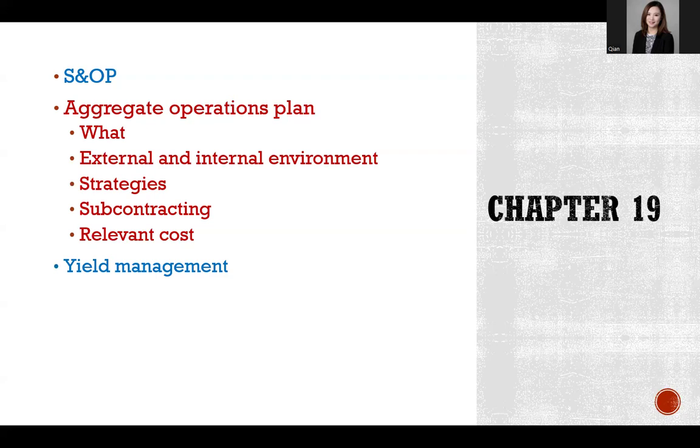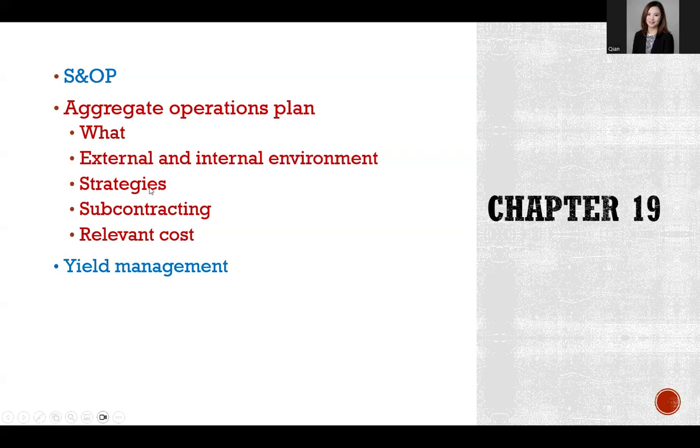The aggregate operations plan is an intermediate range plan, for 3 to 18 months, and the main logic is to balance supply and demand. We make the aggregate operations plan for a group of products, not a single product, and then check the external and internal environment: the demand is external, and internally the workforce, the production rate, and the inventory. Read those slides over there.